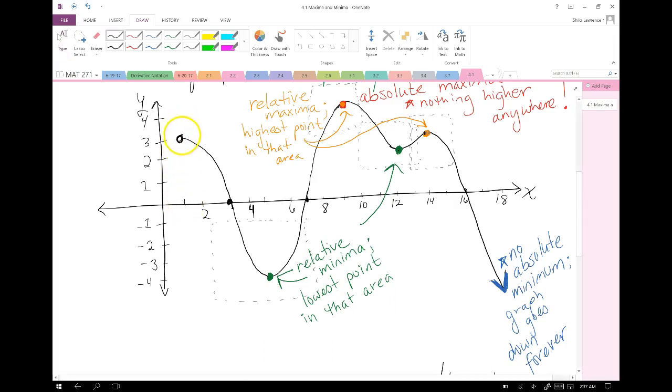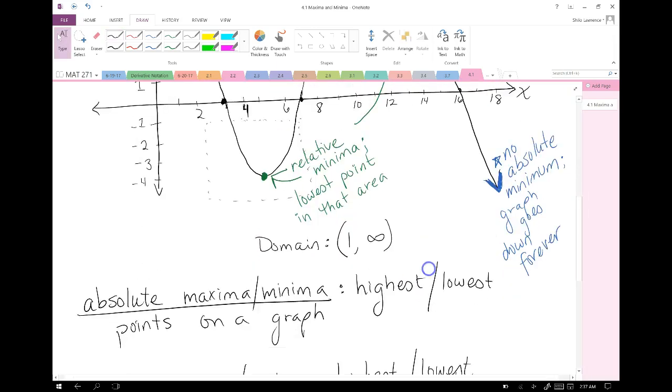This graph starts at 1 with an open circle, and the arrow on the right-hand side means it goes to infinity. So this graph is on an open interval. So we're not guaranteed to have an absolute maximum and an absolute minimum. So we didn't actually have an absolute minimum on this one.